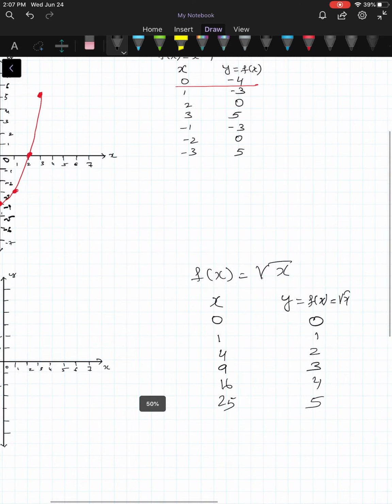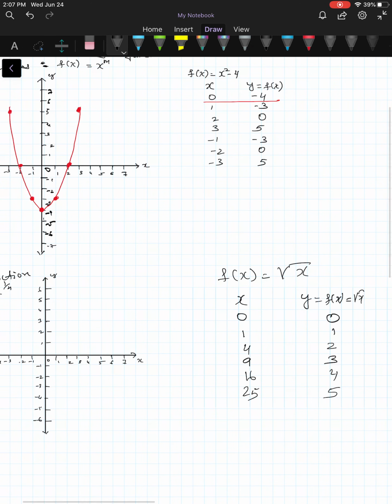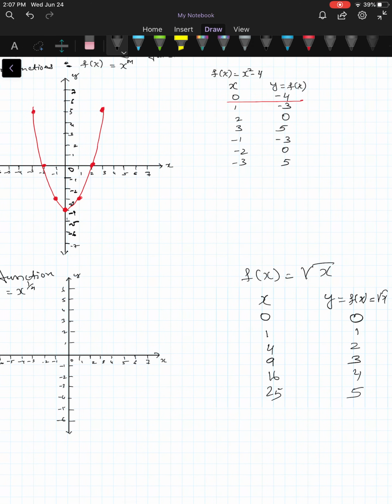So if we have to plot this, 0 comma 0 is here, 1 comma 1 is here, 4 comma 2 is here. Okay, I don't have 9 and 16, I have to extend the line.